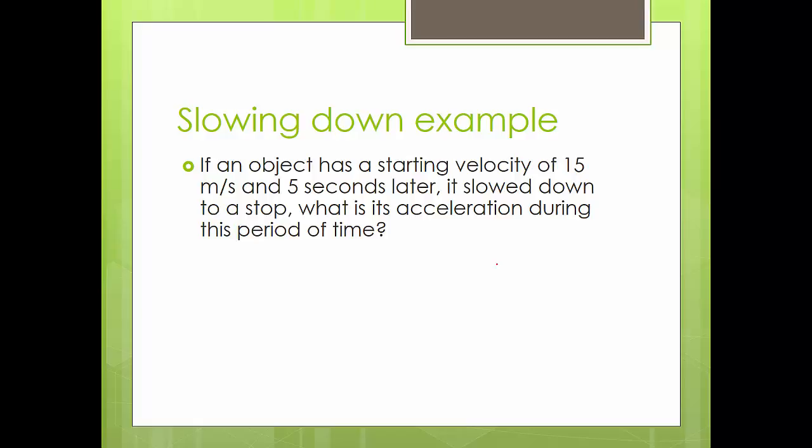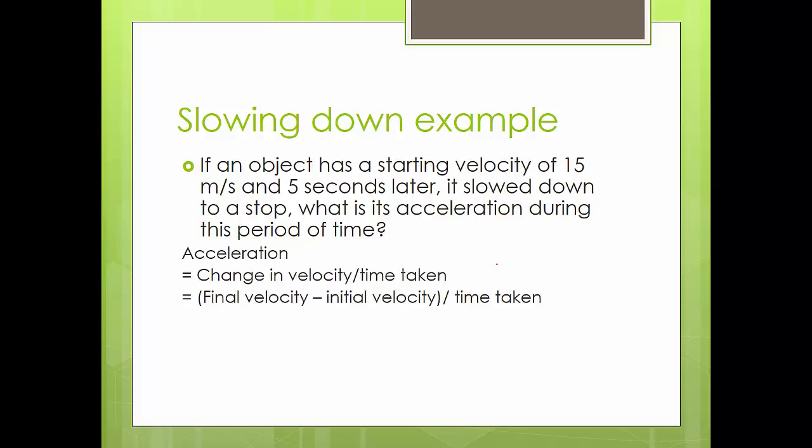What's the acceleration during this period of time? The formula is exactly the same. You just take final minus initial. The final in this case is 0 and the initial is 15. So 0 minus 15 is negative 15, divided by 5. You get negative 3.